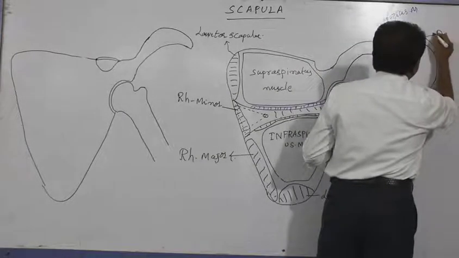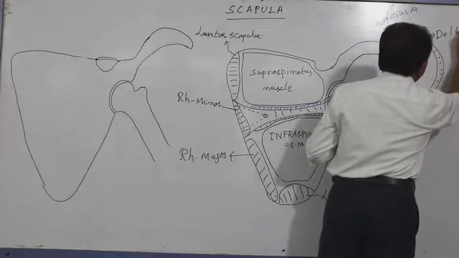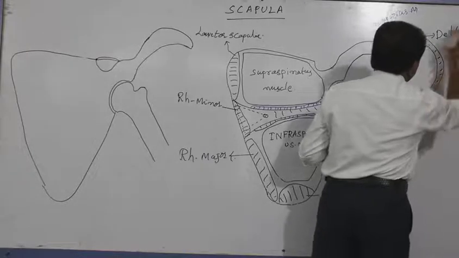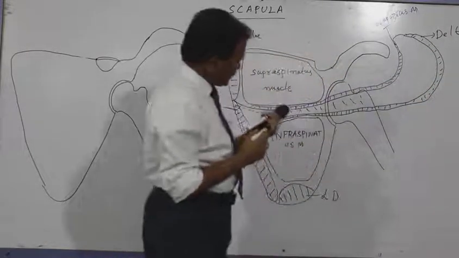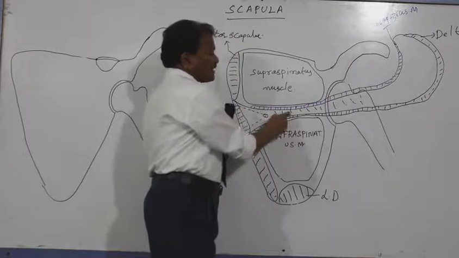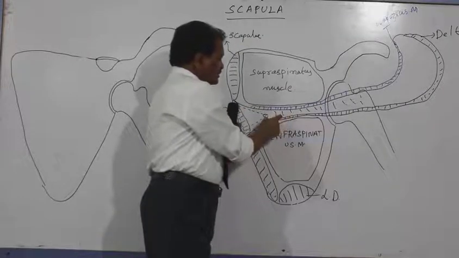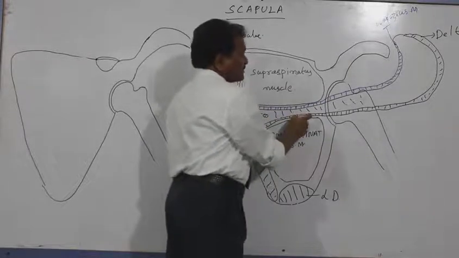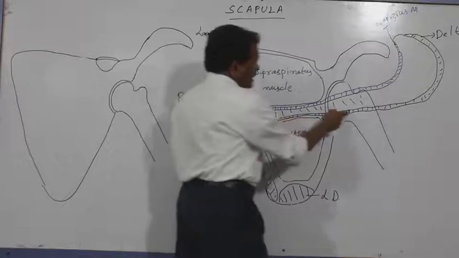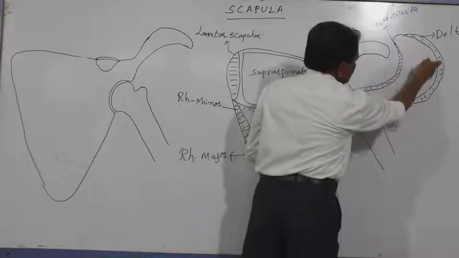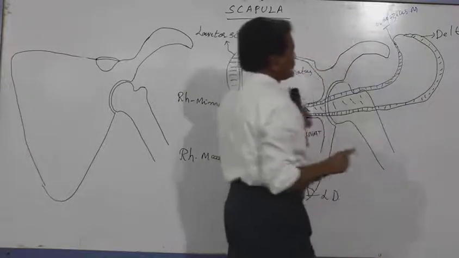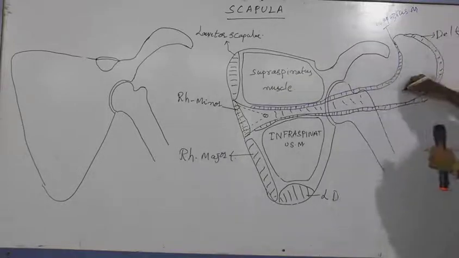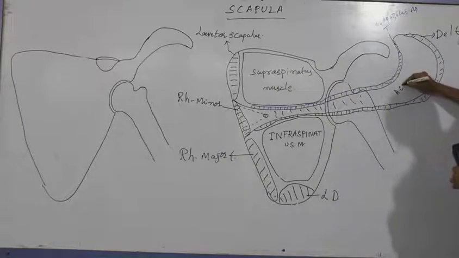So the deltoid muscle originates from the inferior border of the crest of the spine of the scapula, and its origin extends along the lateral border of the acromion process of the scapula. Here, this one is the acromion process.